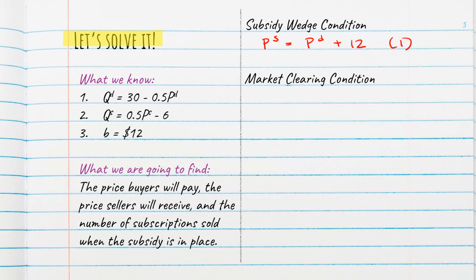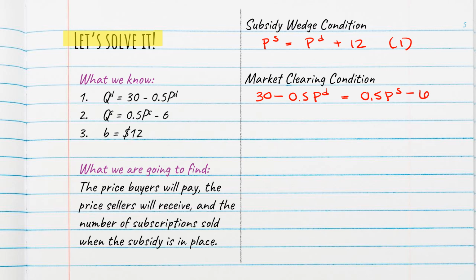In addition to this wedge between the buyer price and the seller price, we also need the market to clear, which means we need the quantity demanded at the buyer price to equal the quantity supplied at the seller price. So we have 30 minus 0.5 PD is equal to 0.5 PS minus 6.